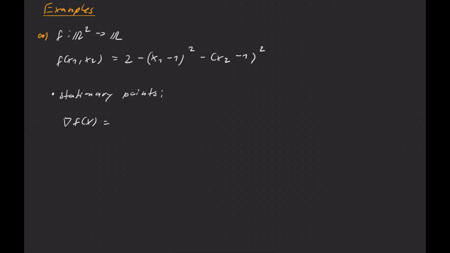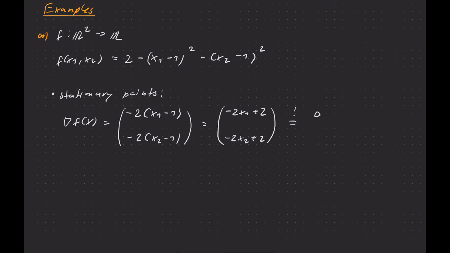Now the gradient of f: if we differentiate with respect to x1, then we get -2(x1 - 1). And if we differentiate with respect to x2, then we get -2(x2 - 1). So that is -2x1 + 2 and -2x2 + 2.